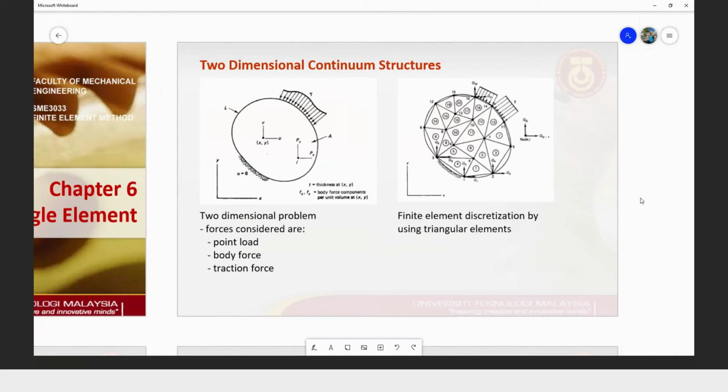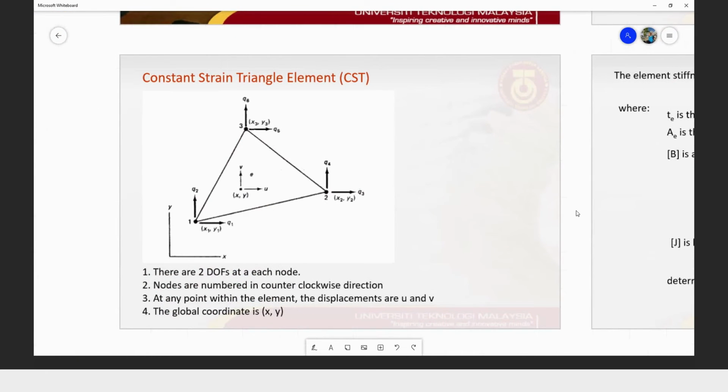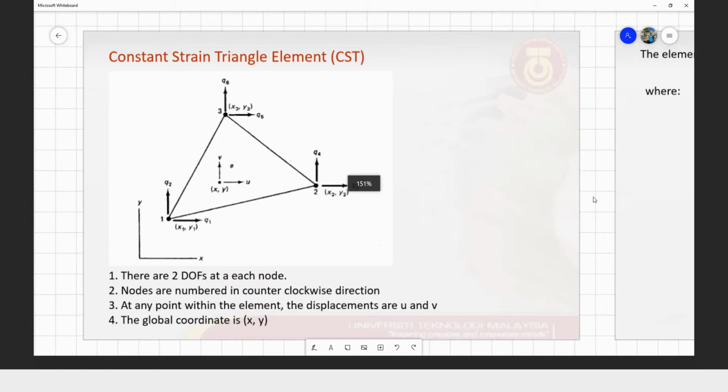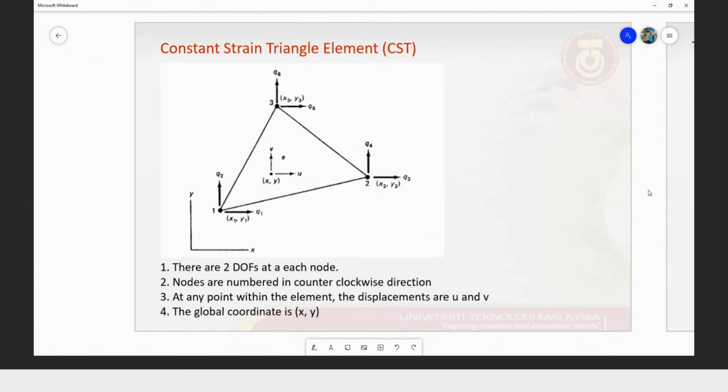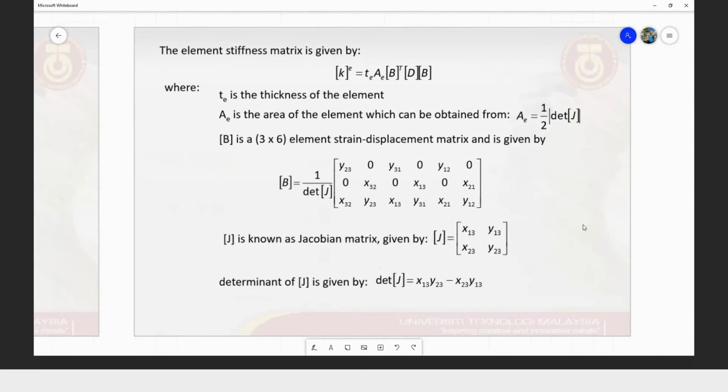And for one node, we have 2 degrees of freedom, in the form of displacement in the horizontal and vertical directions, as represented by the slide shown on your screen. All right. So we have looked at this.